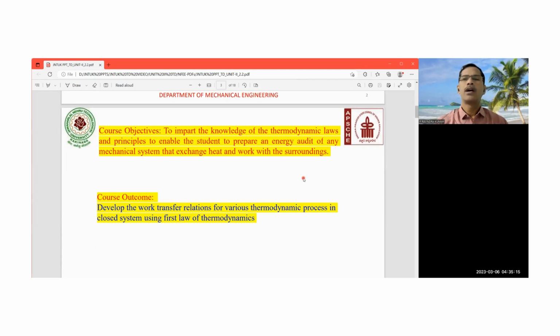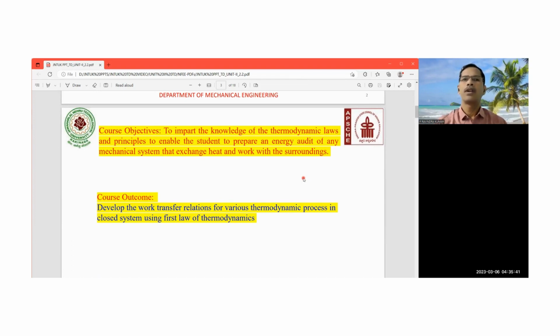The objective of this particular course has been covered many times, but once again reminding the content: imparting the knowledge of thermodynamics to let the student know how the heat and work interactions take place between the system and the surroundings.